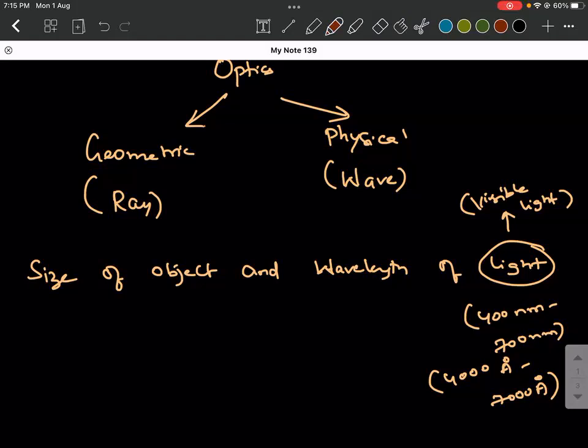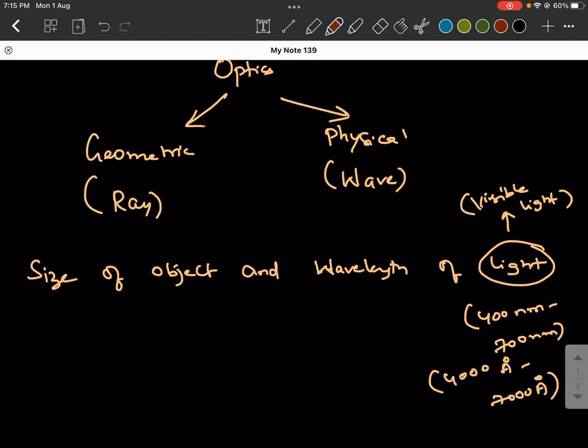So if the size of the object with which the light is interacting is very large, I repeat it. If the size of the object with which the light is interacting is very large compared to the wavelength of light, then light is treated as a ray. So write it down.